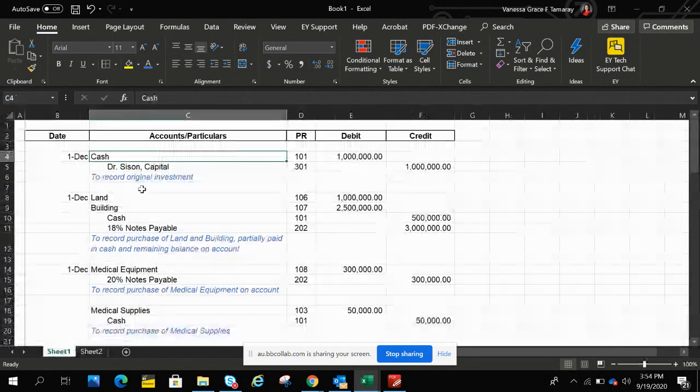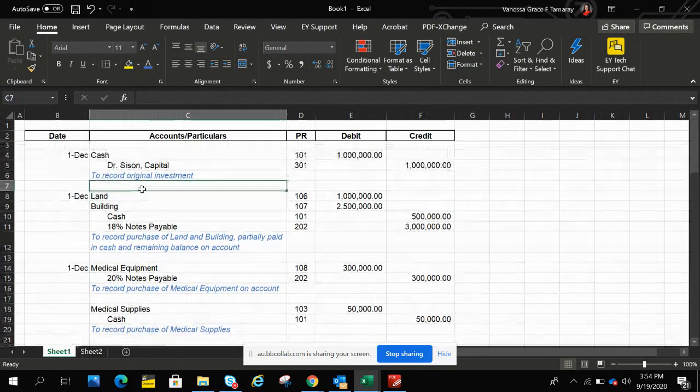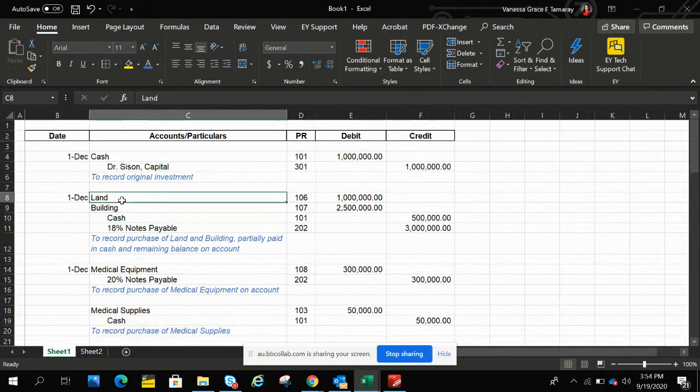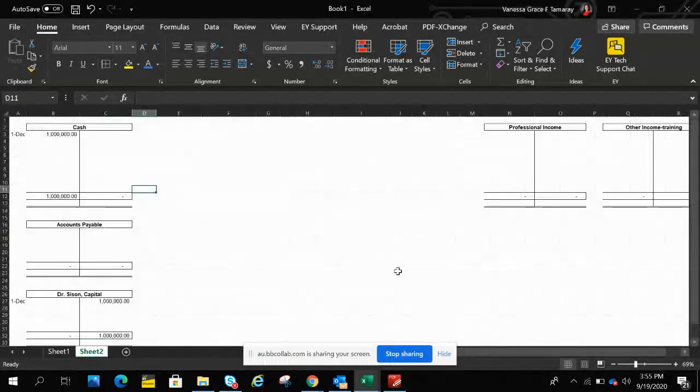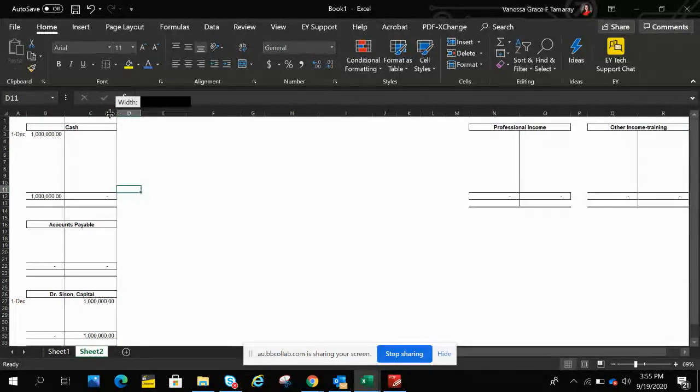Next, meron na tayong land and building. Okay? Land and building. Then, we have cash and notes payable. So, land and building are assets, fixed assets. We will provide here.